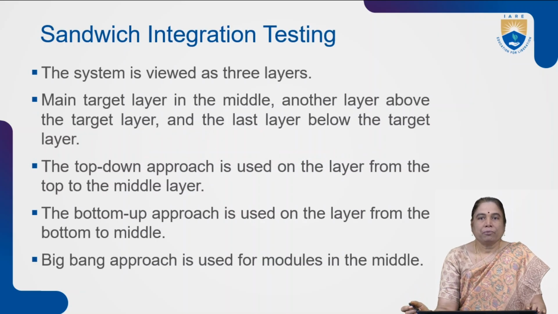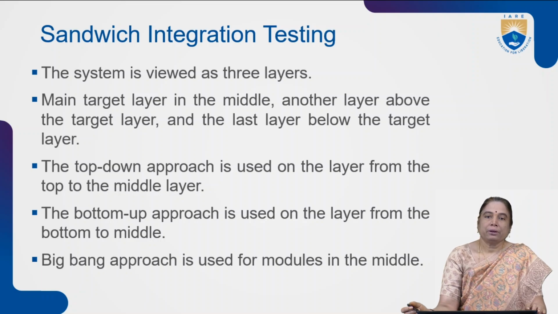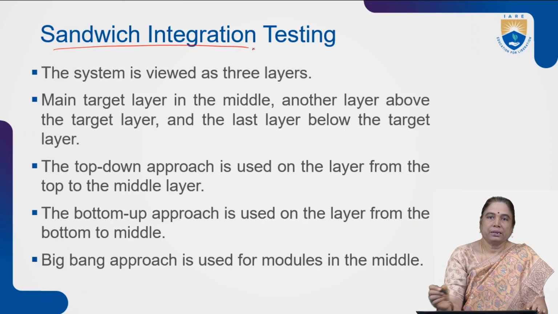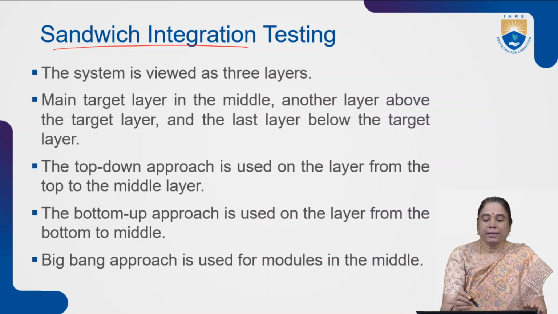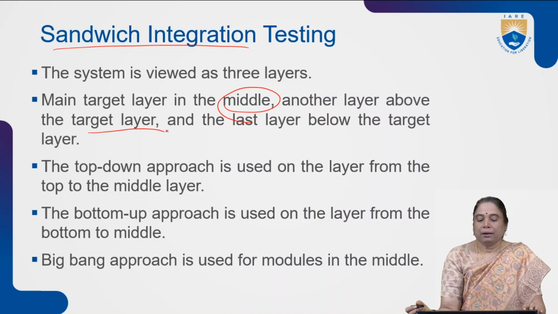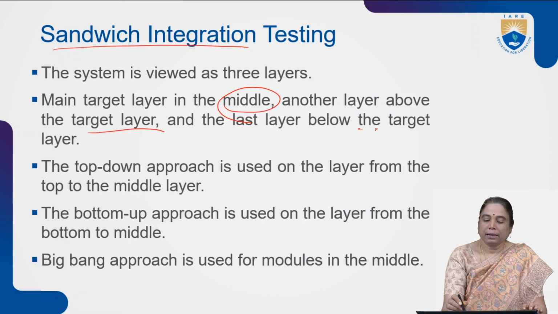The combination of top-down integration and bottom-up integration is referred to as sandwich integration testing. The system is treated as 3 layers in sandwich integration: the main target layer in the middle, another layer above the target layer, and the last layer below the target layer.